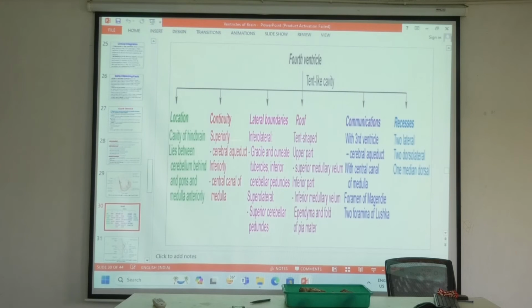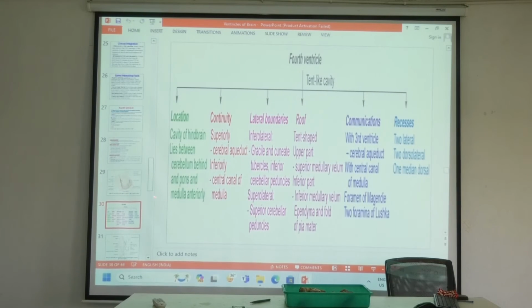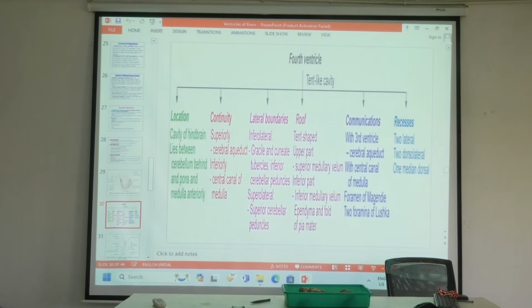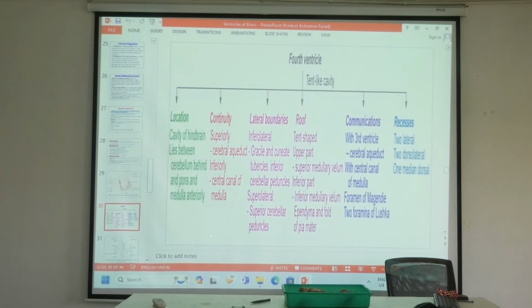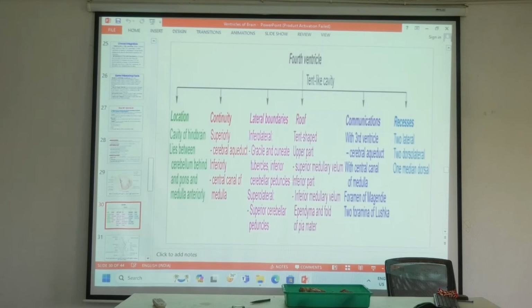So location, cavity of hindbrain lies between cerebellum behind, pons and medulla anteriorly. Continuity, superiorly continuous with cerebral aqueduct, inferiorly central canal of the medulla. Lateral boundaries, inferolateral boundary by gracile cuneate tubercles and inferior cerebellar peduncles.